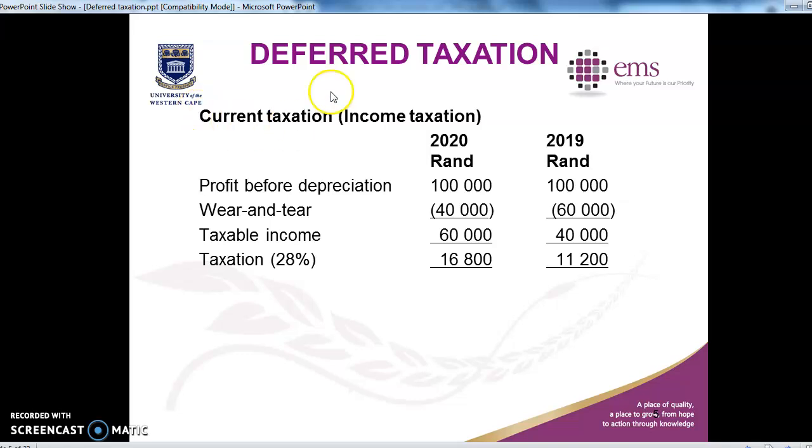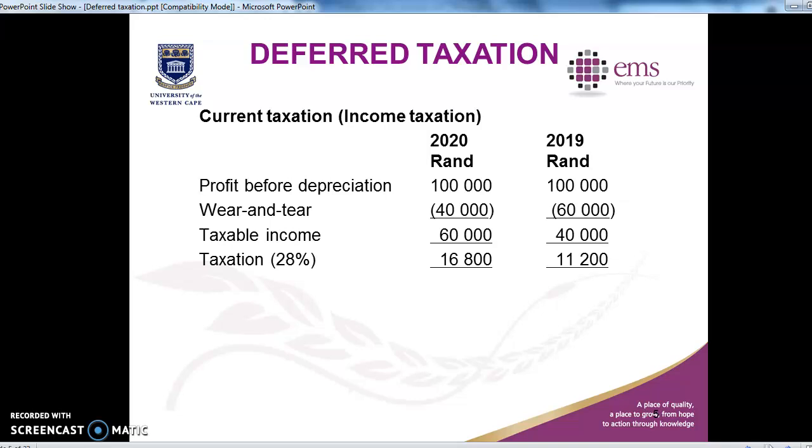So, calculation of our current tax. Our profit before depreciation is 100,000. Remember, this 100,000 is before depreciation, so we don't add back depreciation, because depreciation was not taken into account when we calculated the 100,000, right? We deduct our wear and tear.